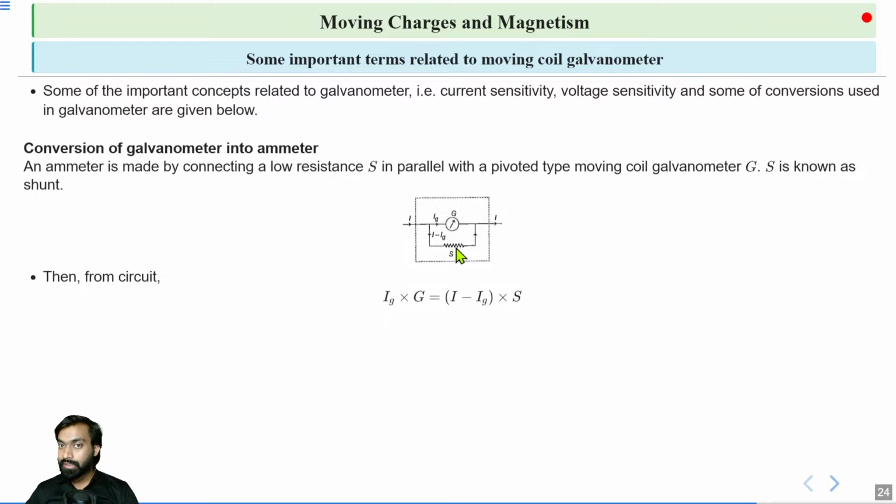Since the galvanometer and shunt are in parallel combination, the voltage drop across both is the same.